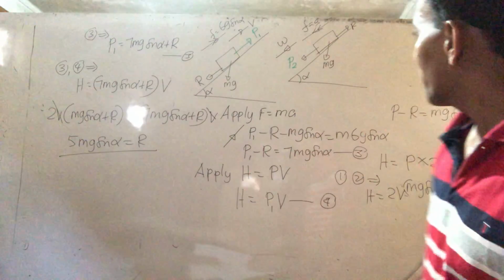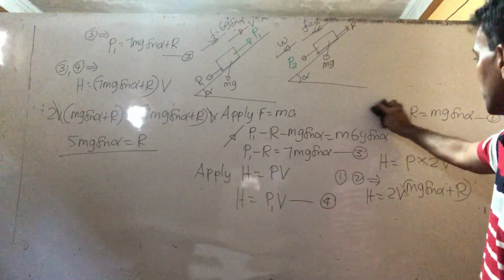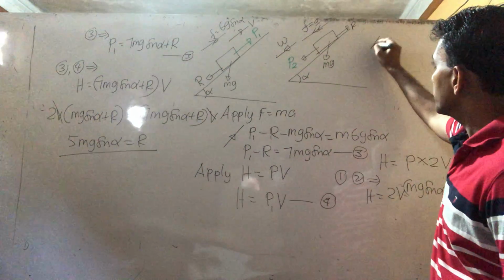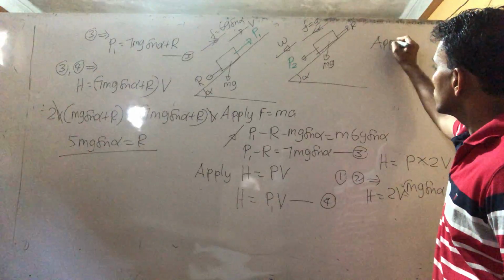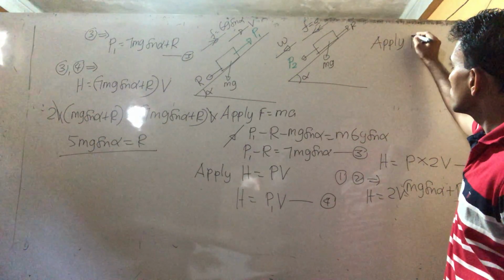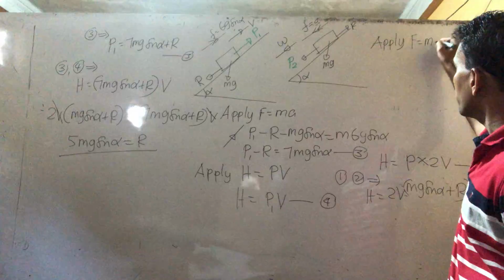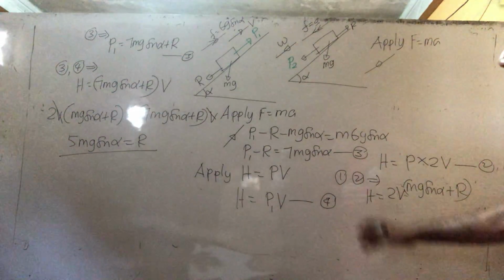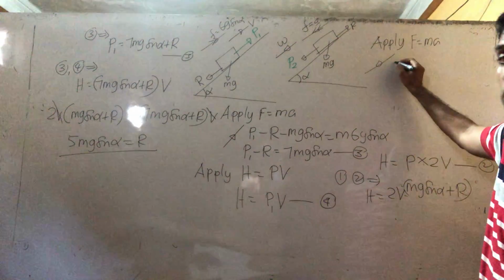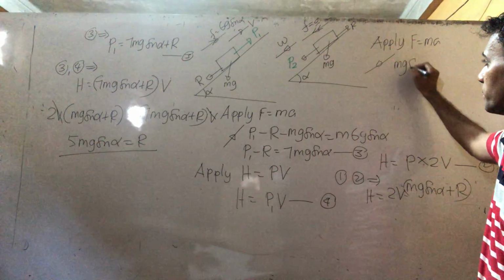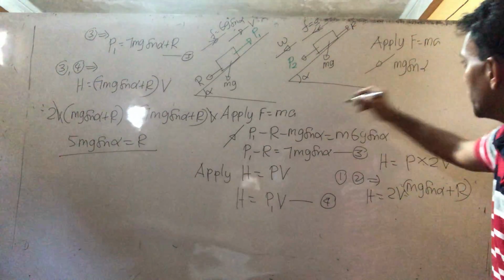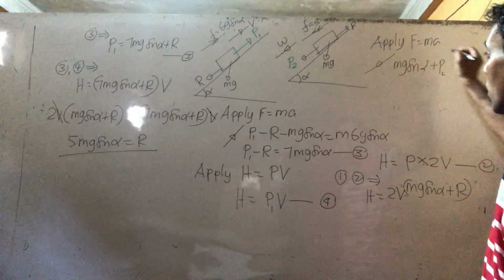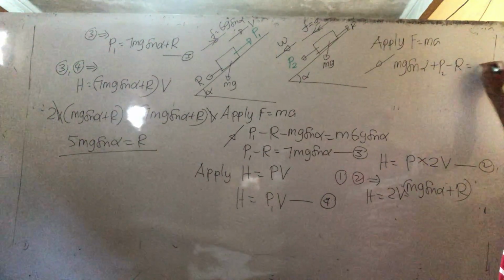So apply the same method: apply Newton's law and the H equals PV formula. Apply F equals MA downwards, in this case downwards, right? mg sin alpha plus P2 minus resistance R equals 0.